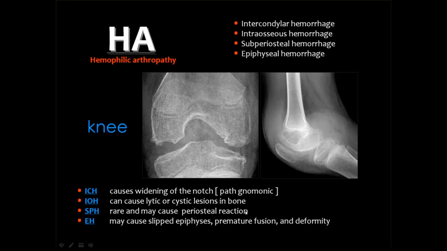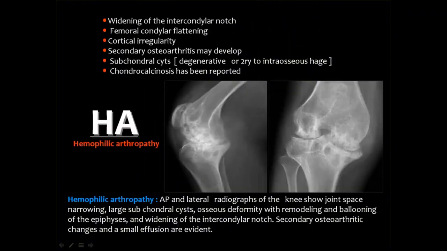Supraosteal hemorrhage may cause periosteal elevation and supraosteal new bone formation, and epiphyseal hemorrhage may result in premature fusion and deformities.